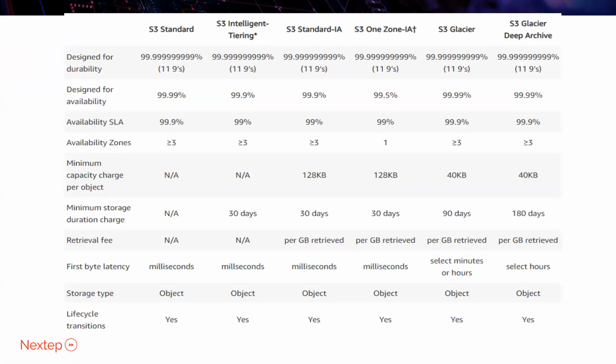So, designed for durability. Look at this. All these are designed for 11 nines. This is very important, especially when you're preparing for the exam, right? All the storage tiers are designed for 11 nines. Meaning, it's very tempting to think that S3 One Zone IA is not designed for 11 nines. No, it is.